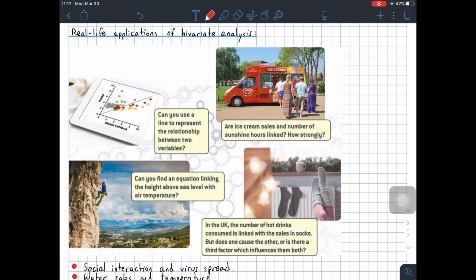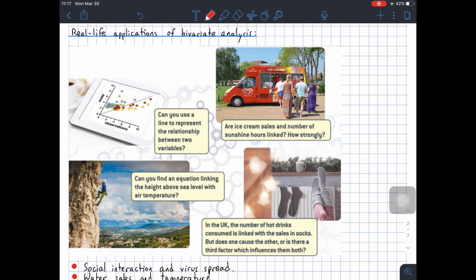You see that in this case, the two variables are ice cream sales and sunshine hours. What do you think? Try to think here. What do you think would be the independent variable in this case? Sunshine hours or ice cream sales? In this case, the independent variable should be, or is, sunshine hours, right?